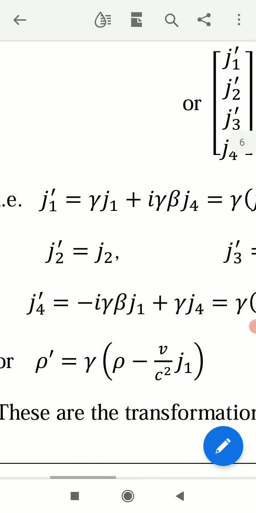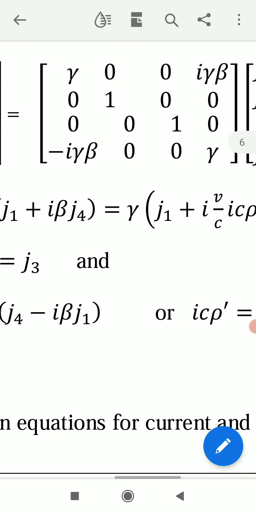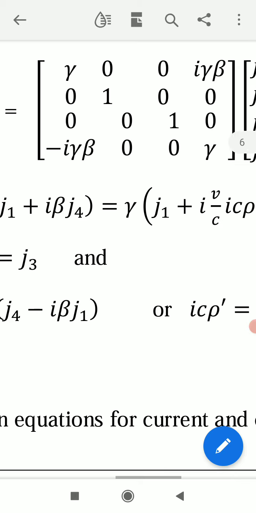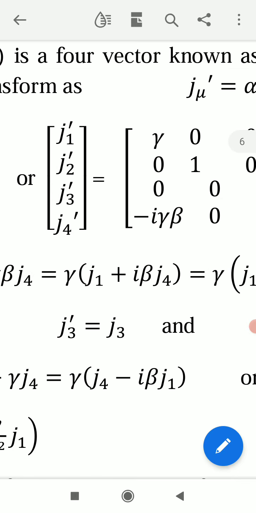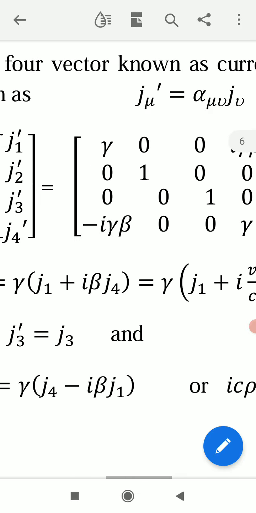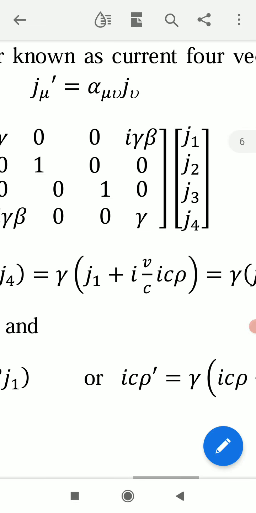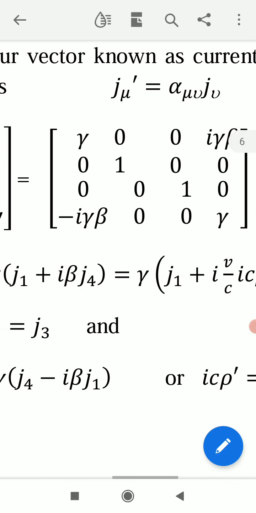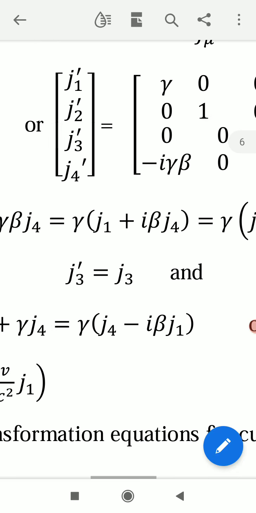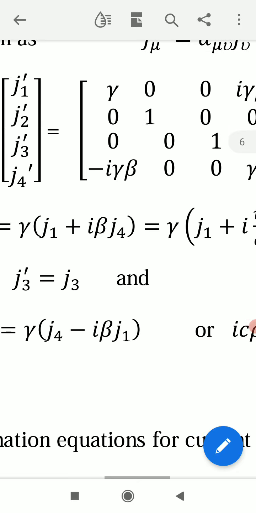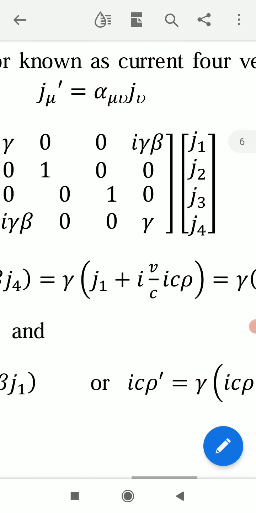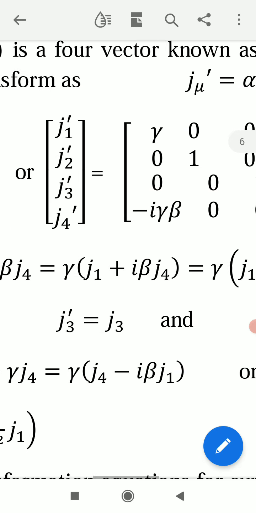So we have this relation J1 dash equal to gamma into J1 minus V rho. Similarly, other relations are J2 dash equal to J2 and J3 dash equal to J3. And for J4 dash, we have J4 dash equal to minus I gamma beta J1 plus gamma J4.